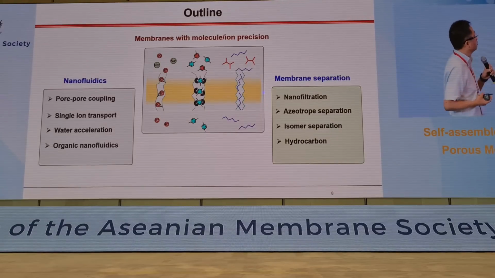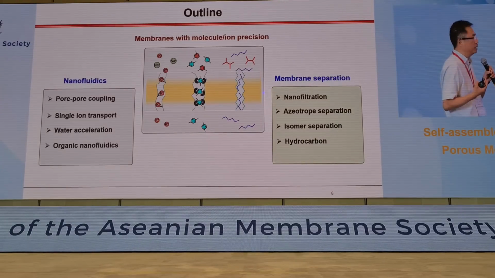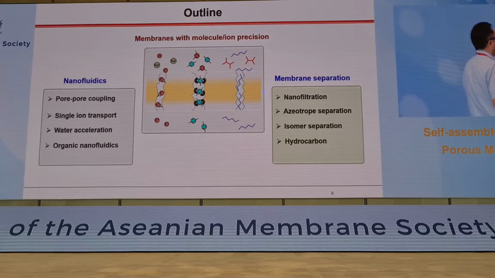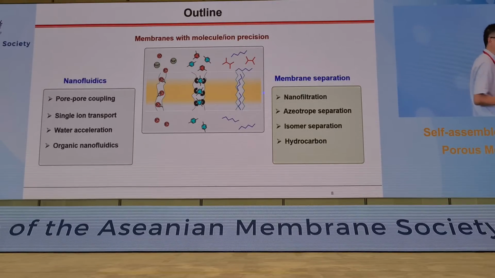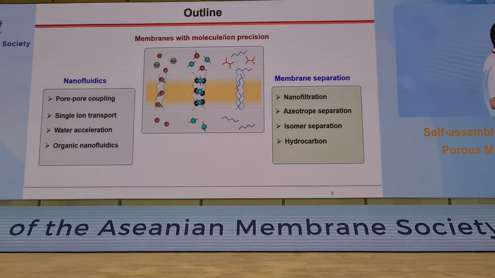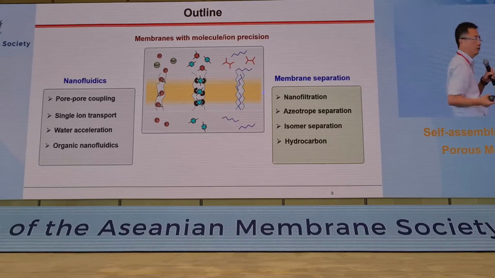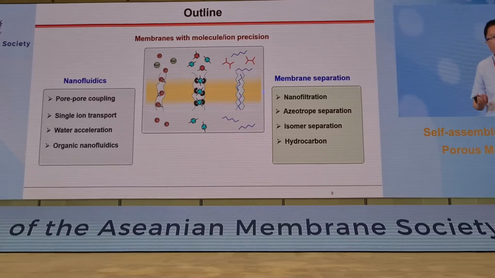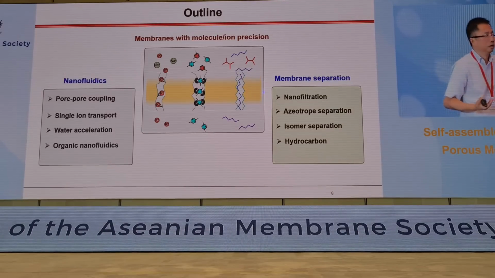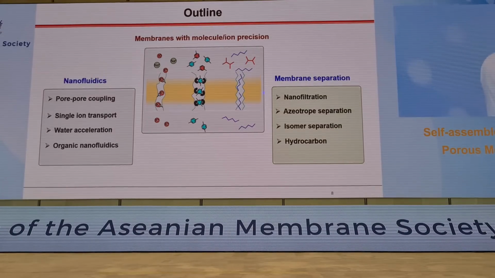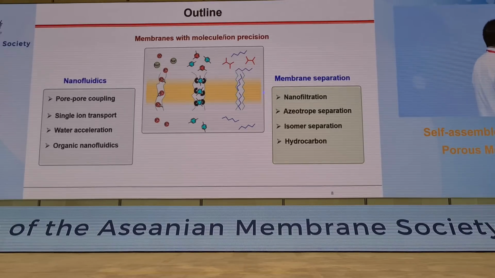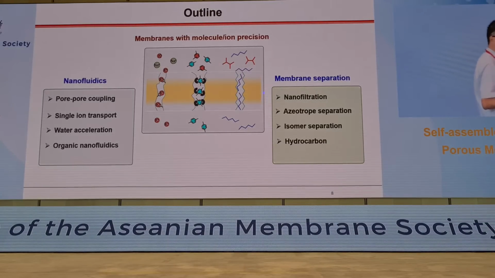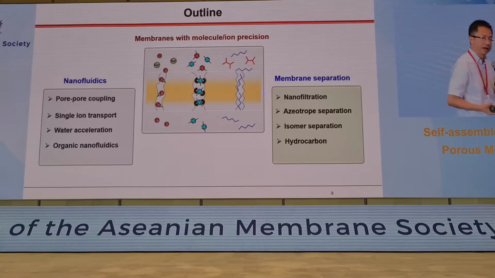So our work on separation membranes with ion or molecular precision is divided into two parts. In the first part, we focus on so-called nanofluidic systems. We want to explore the new transport mechanism in nanofluidic systems, and want to increase the permeance as well as the selectivities.